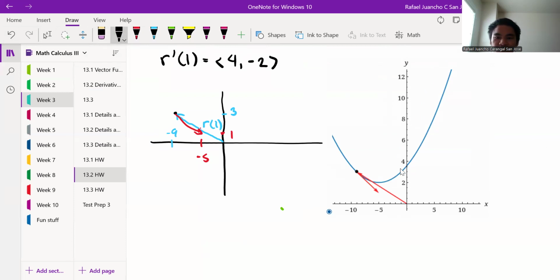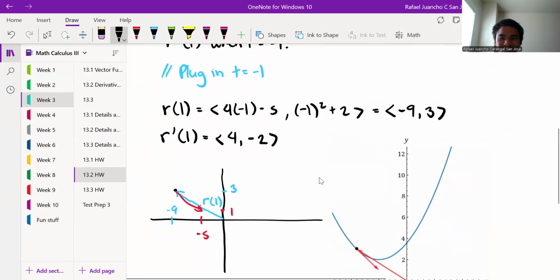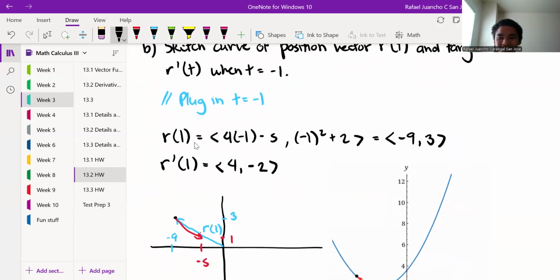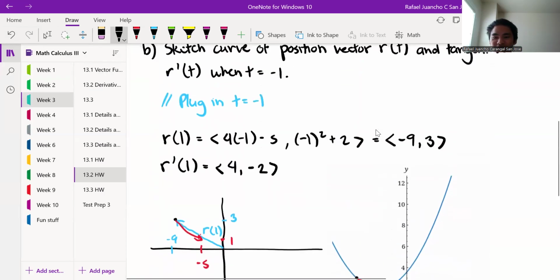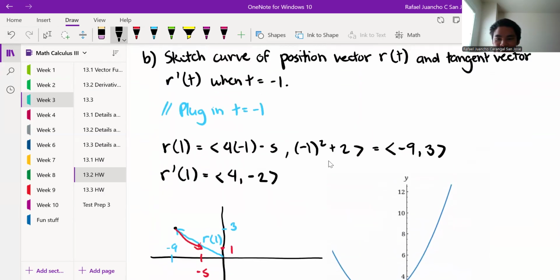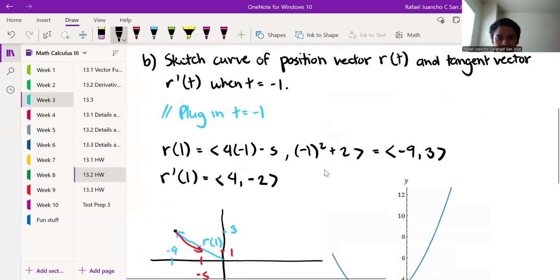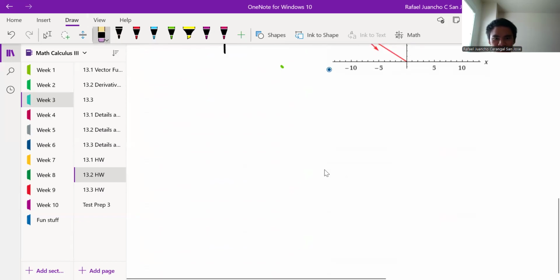Well, we keep plugging in points and see where it leads to. So let's say R of 1 leads to this point, then we check where R of 2 leads to next, right? And that will help us determine the direction, where it is going. Okay, cool.